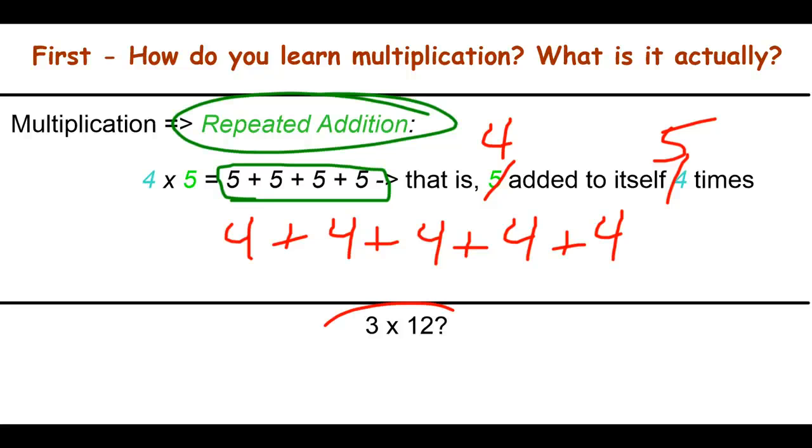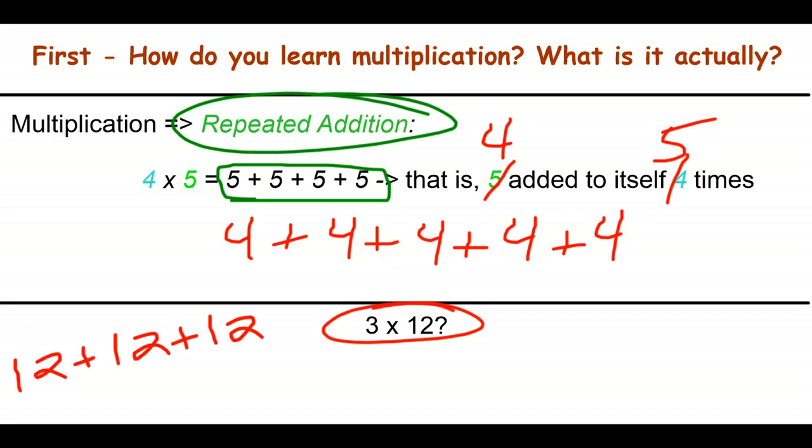So take a second, think 3 times 12. If you saw that, let's take a quick review. Pause the video, write out the 2 different addition facts that 3 times 12 really gives you. So on the one hand, the easier hand, 12 plus 12 plus 12.